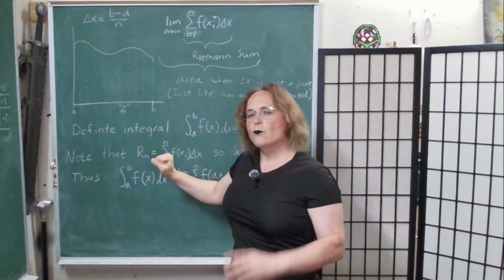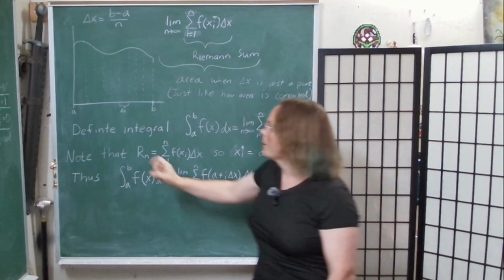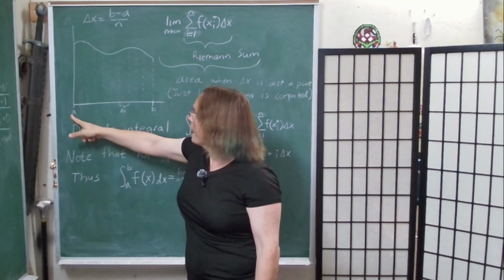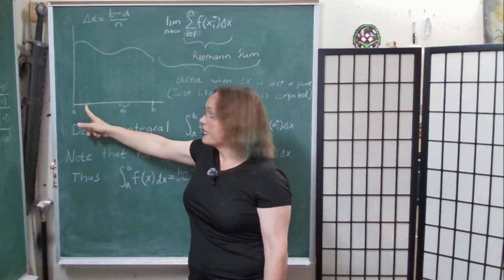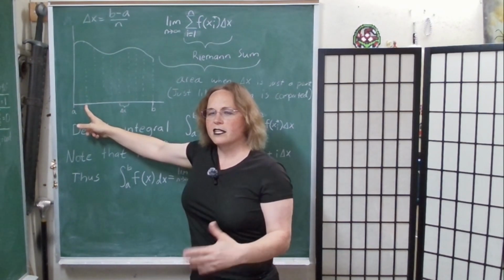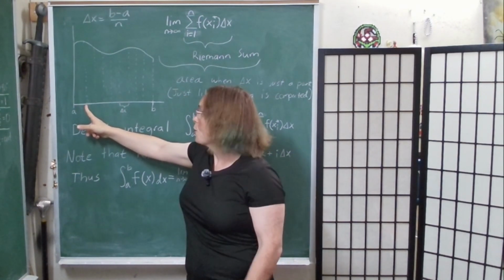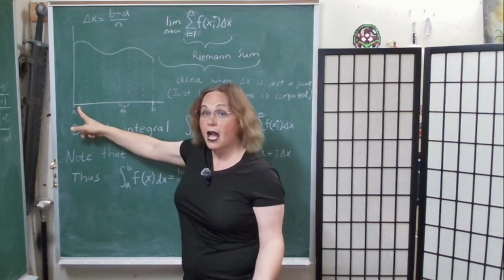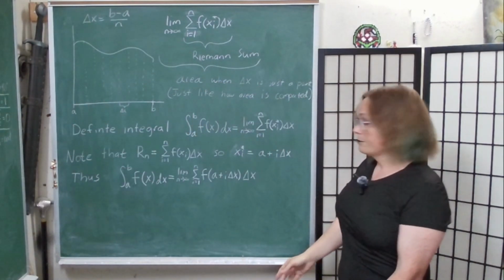That right-hand sum is as if we took from a and then the interval being right at the edge. So the Riemann sum is that same idea, except that the interval, instead of being right at the edge, is simply somewhere inside.